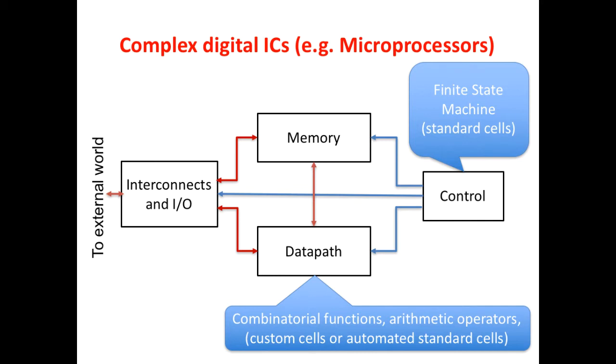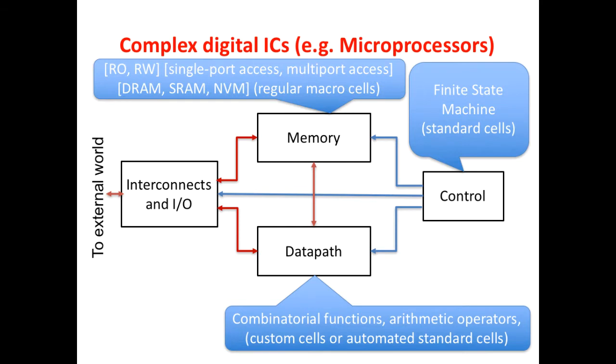And essentially we're talking about logic gates and registers. Those are the main components of a finite state machine. Then we have memories, and memories require very specific types of components. Of course, we can have different types of memories.